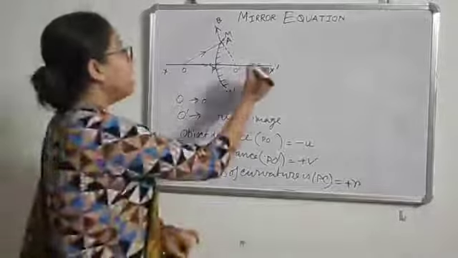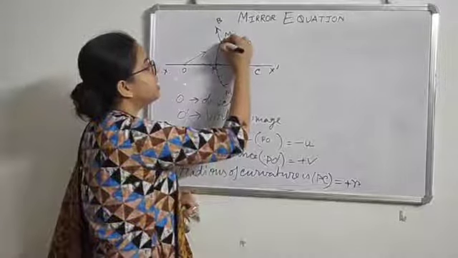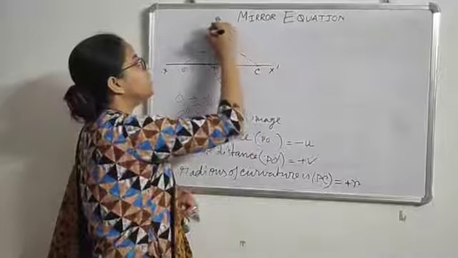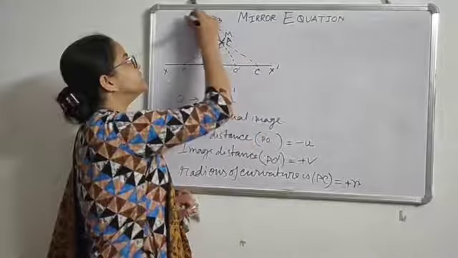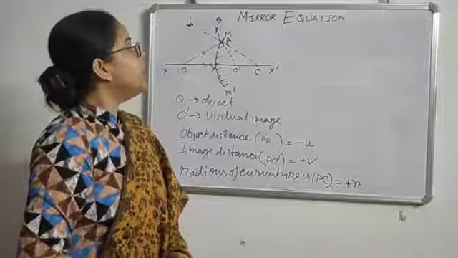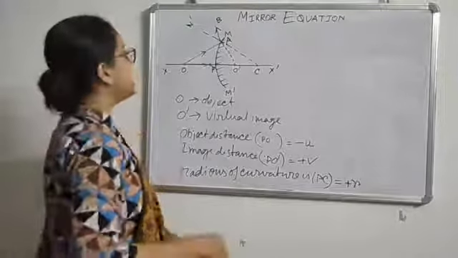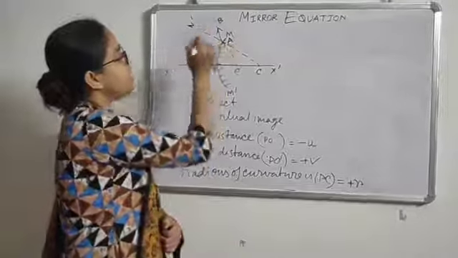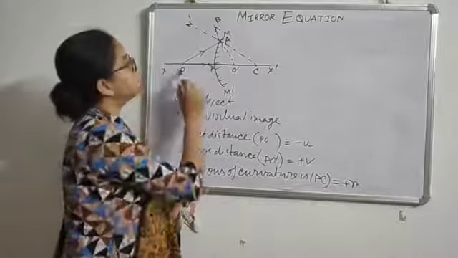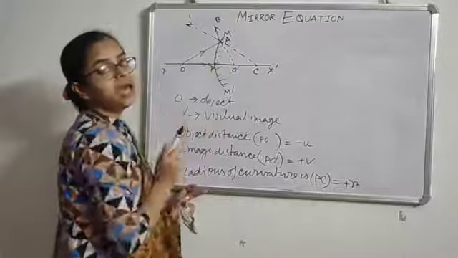Now I have to draw a line from C to A that will extend further up to N dash, like this. CAN dash is the normal to the surface at the point A. From the laws of reflection we get that OAN dash and BAN dash are equal to each other, as OAN dash is the angle of incidence and BAN dash is the angle of reflection.